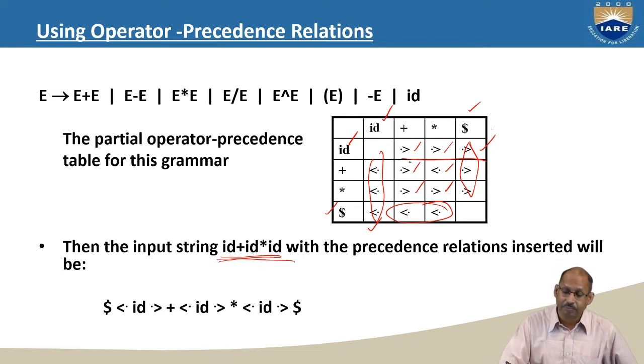So from this operator precedence table, the precedence relations are inserted between the terminals of the input string.